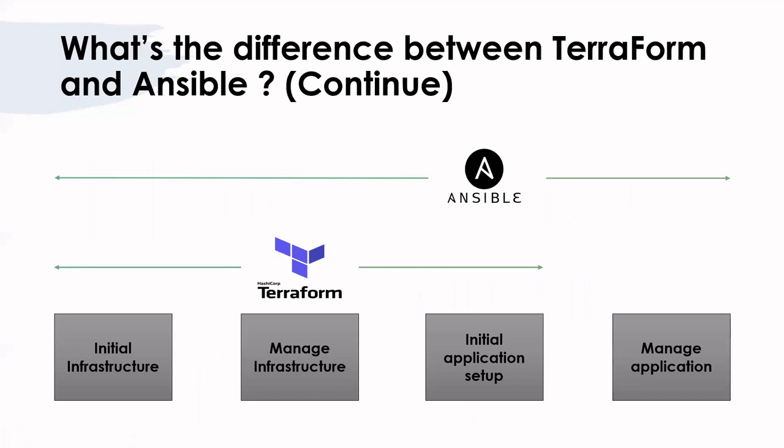Here you can see where Terraform comes in. Terraform will work for the initial infrastructure, then it can manage that infrastructure and set it up. Whereas Ansible will play a role in managing the application also.